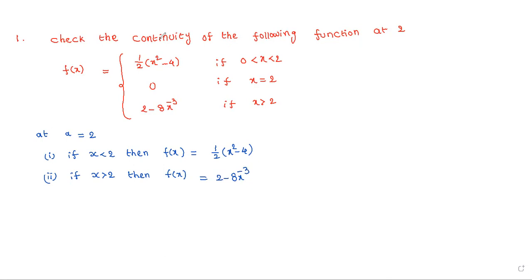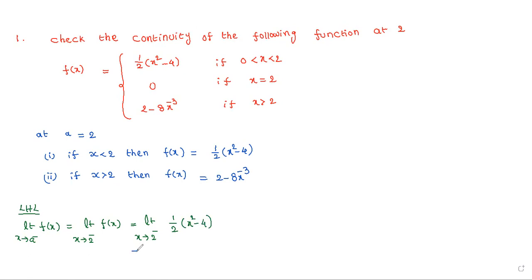Please observe. Number 1, left hand limit: limit as x tends to 2 minus of f of x, value 1 by 2 x square minus 4.